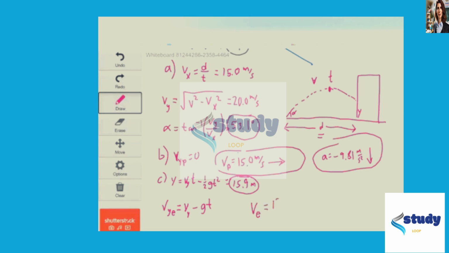So the velocity at the end is 17.7 meters per second.